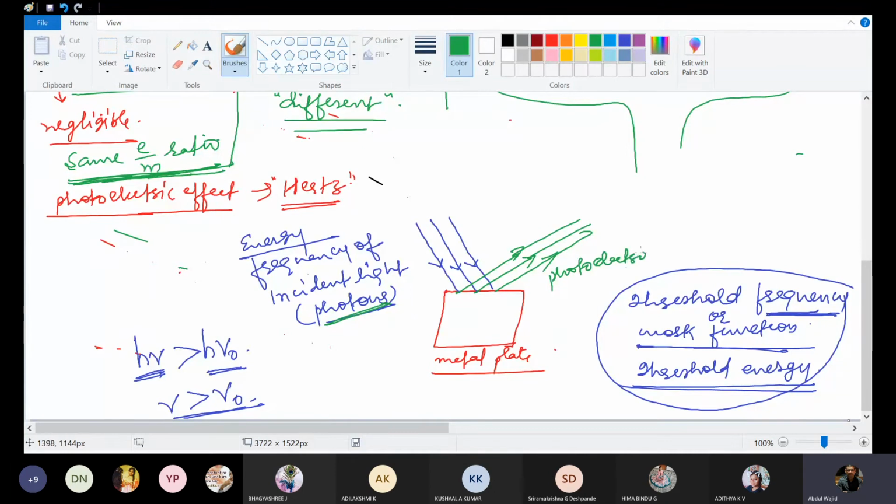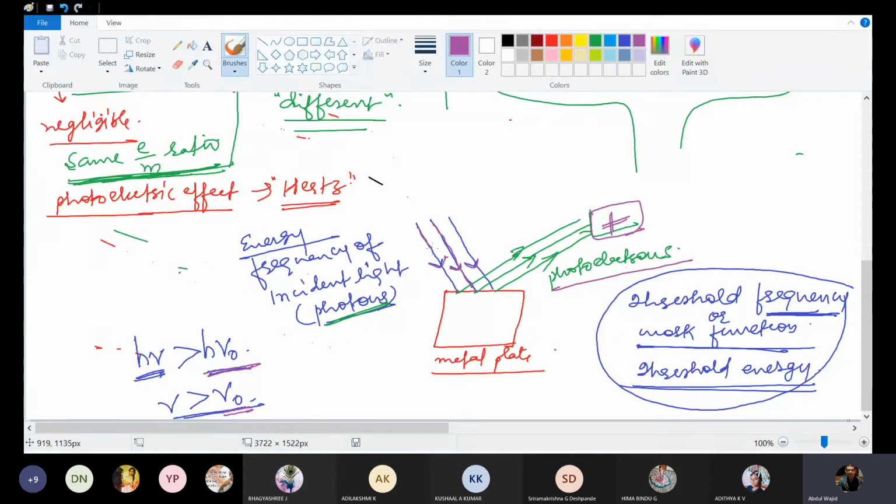So ejection of photoelectrons from the metal surface will only be possible if the energy or frequency of the incident light is greater than the threshold energy or threshold frequency of the metal.